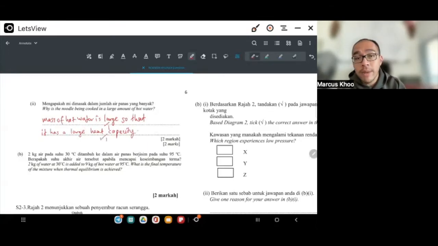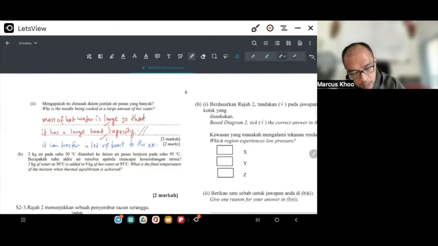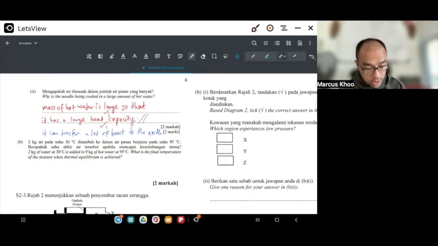Or I'm giving an alternative answer: the mass of the hot water is large so that it can transfer a lot of heat, or more heat, to the noodle. This is also an acceptable alternative answer. But when you talk about a large amount of water, that needs to be mentioned: the mass of the hot water is large.